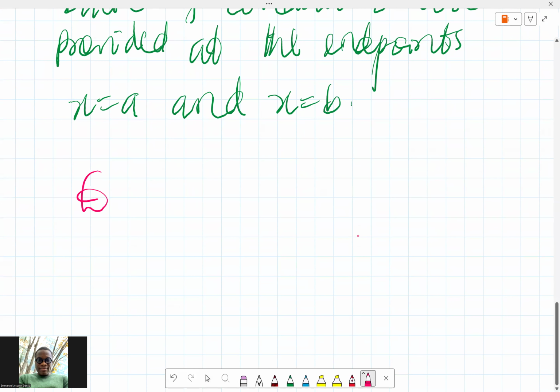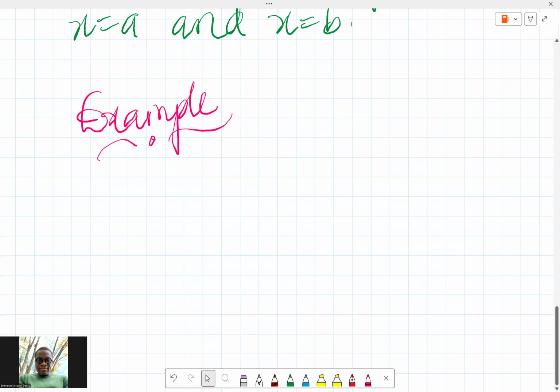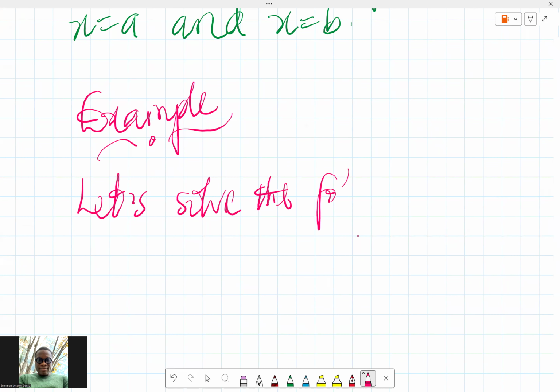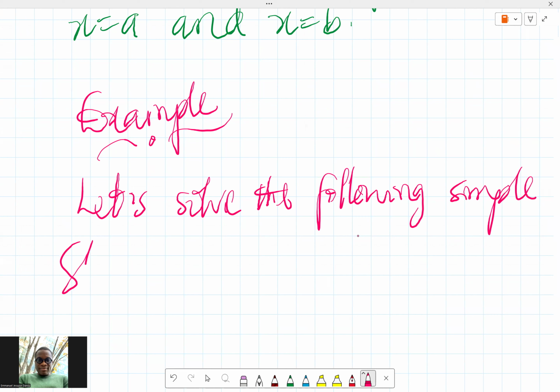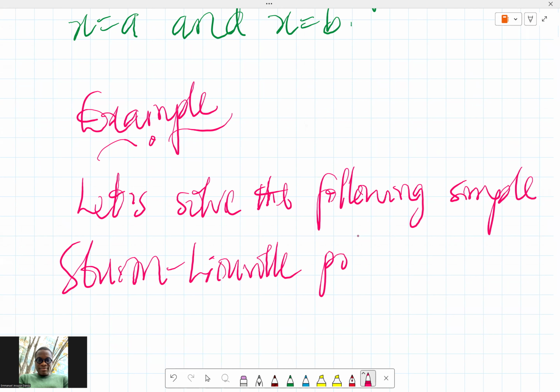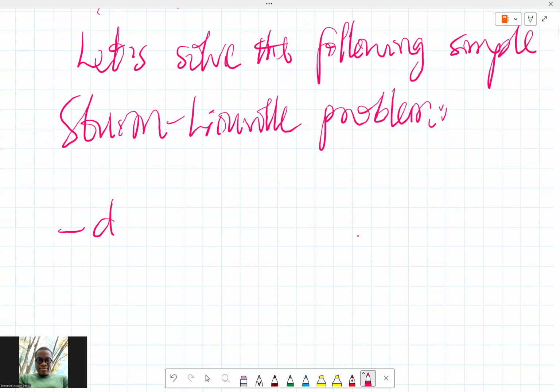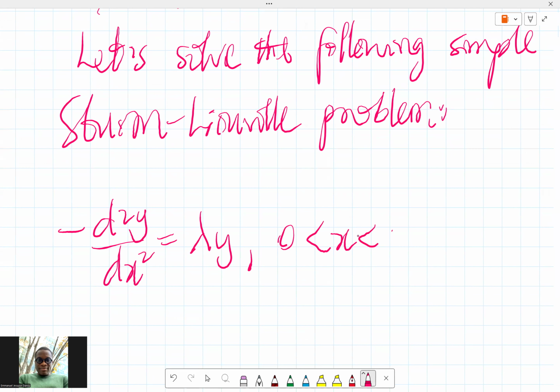So let's take an example and see how this goes. Let's solve the following simple Sturm-Liouville problem, which is minus d squared y dx squared equals lambda y, where 0 is less than x is less than pi.